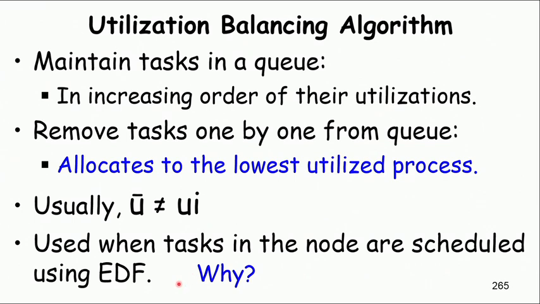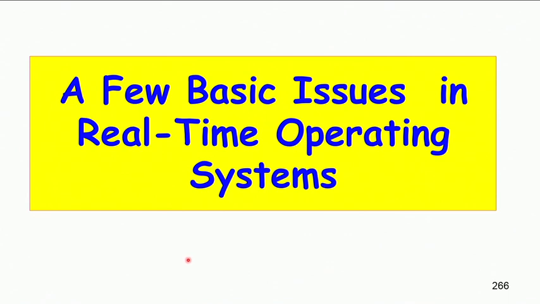Therefore, it is EDF that is used along with the utilization balancing algorithms. We will not really look into the other algorithms, because this is a short course of only 10 hours. Now, we will look at a few more basic issues in real time operating systems.